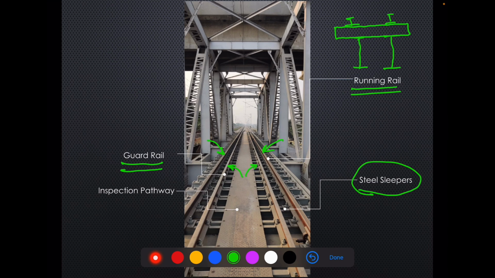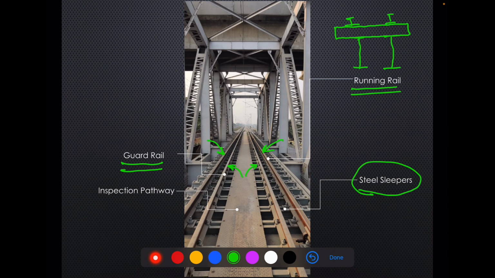Running rails are those over which the wheels of the train actually run. And what are guard rails, and why are they provided? They are provided over bridges. As you can see, they terminate over here, and after this there is no guard rail.